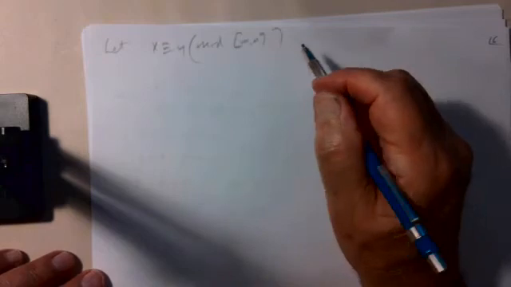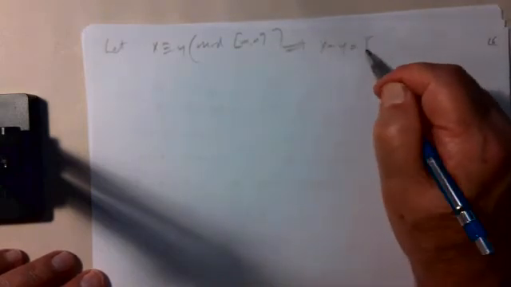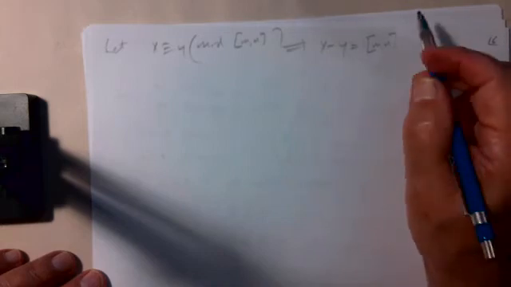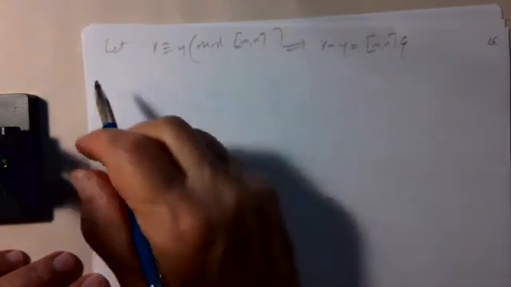So x minus y is this least common multiple times something.